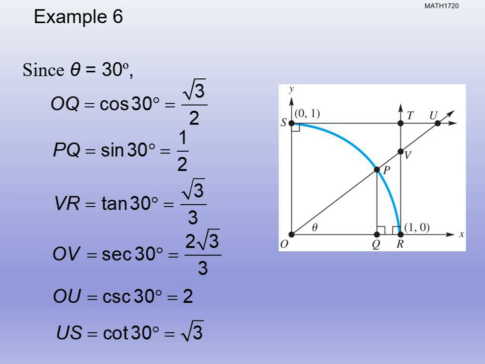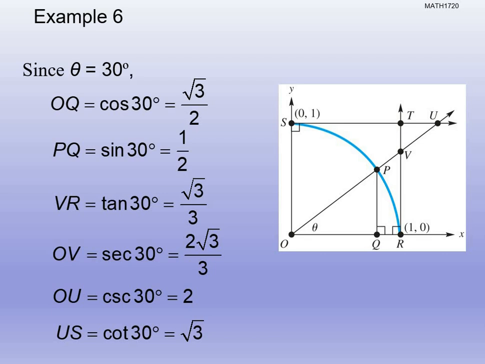So I can do all these calculations now using a 30, 60, 90 triangle, because theta is 30. That's just how I'm going to apply it. When I know that theta is 30 degrees, I now know all the 6 trig functions because I know the unit circle. And that's really where these values are.